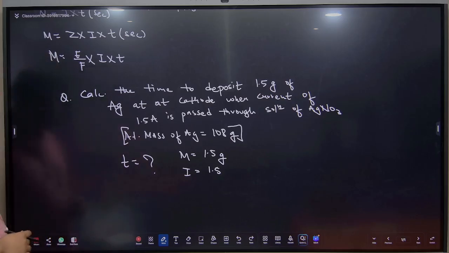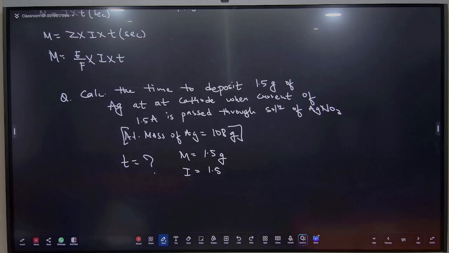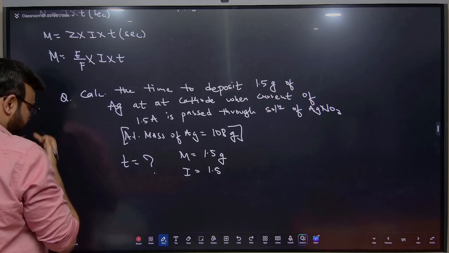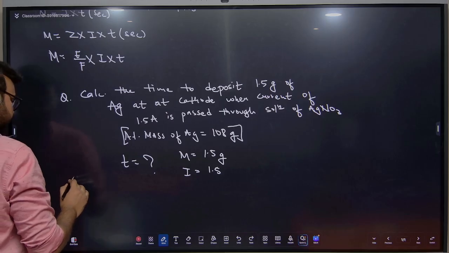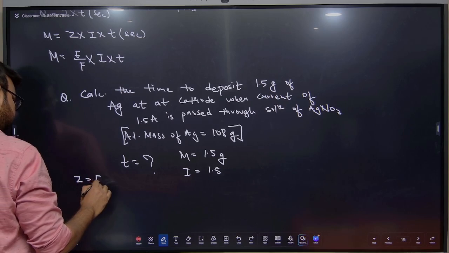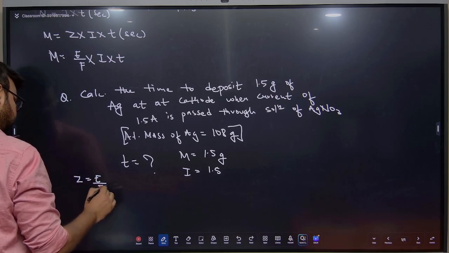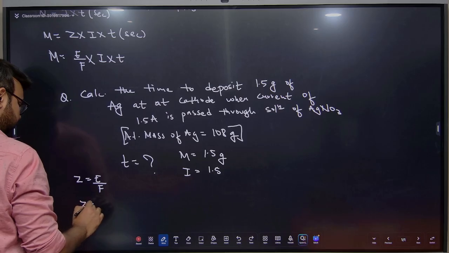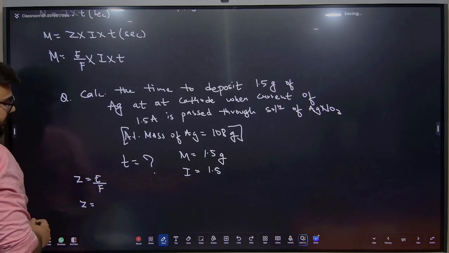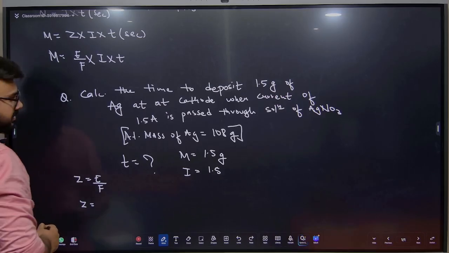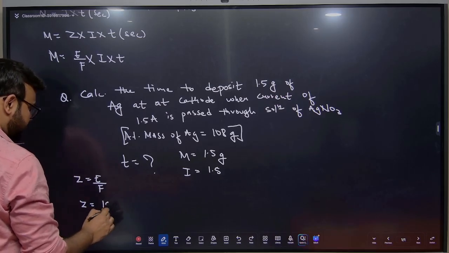So guys, Z is the missing link. Focus on Z, which is E by F. What is the molar mass? It's 108 only, right?